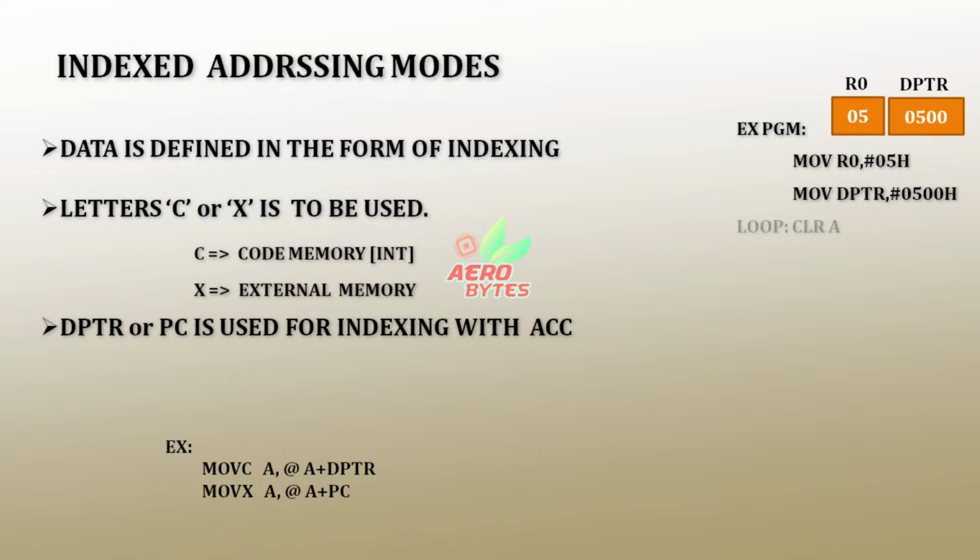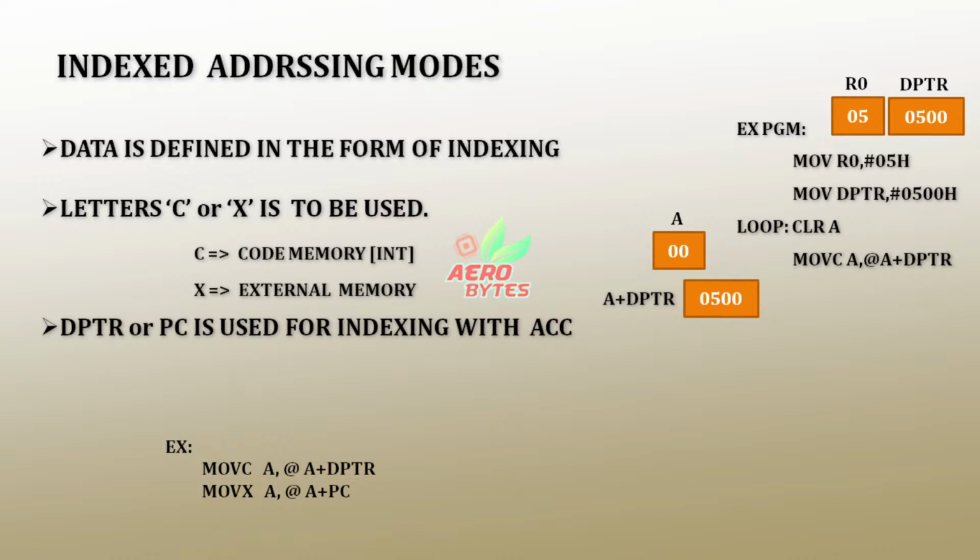Then clear A; the accumulator content gets cleared. Then MOVC A, @A plus DPTR. What is A plus DPTR? The accumulator content is 0, the data pointer content is 500, so A plus DPTR is 500.